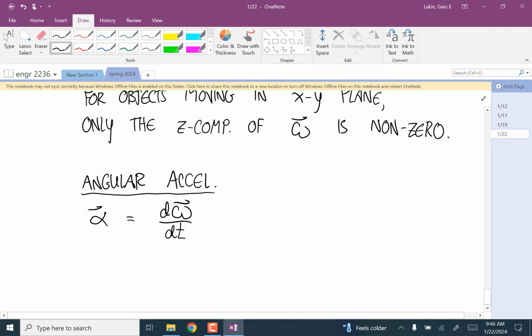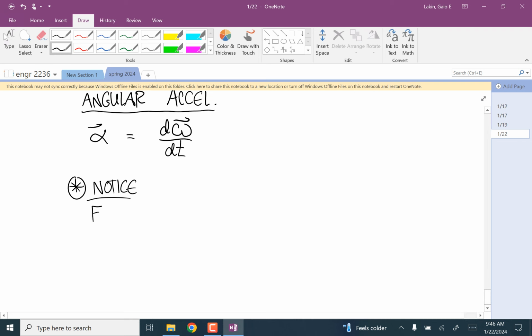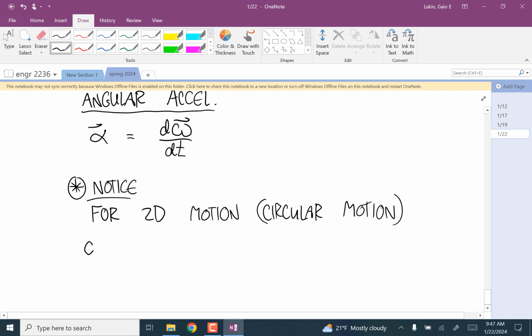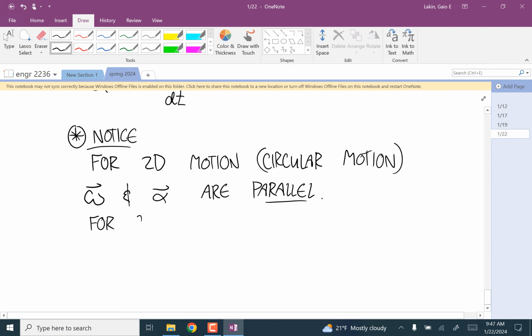One other thing I want you to notice is that for circular motion, which is two-dimensional motion, omega and alpha are parallel. For general 3D motion, they're not parallel.